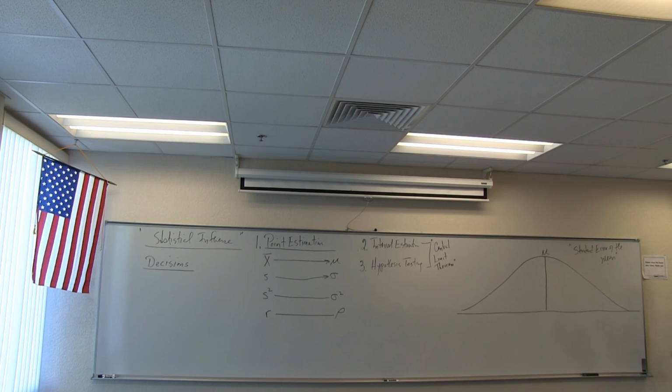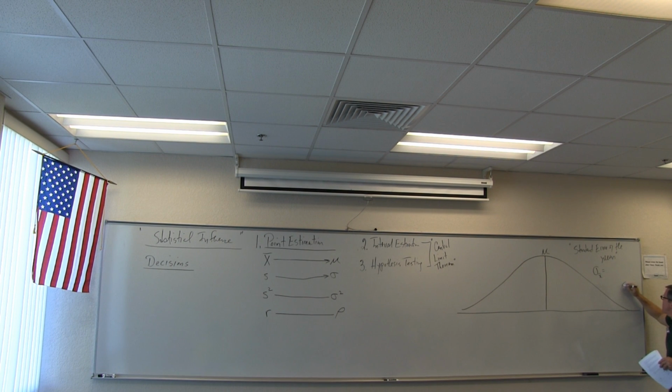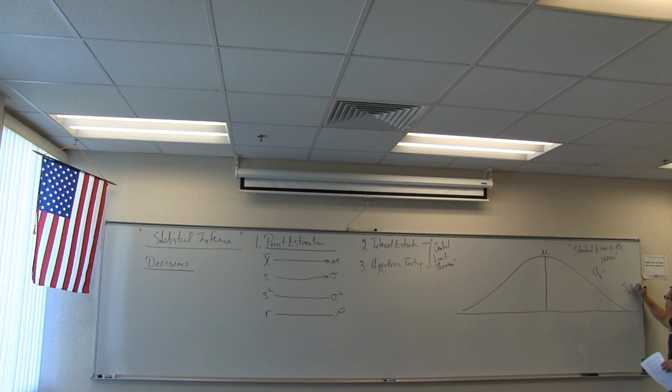The standard error of the mean is symbolized a couple of ways: sigma subscript x bar or s subscript x bar. Sigma subscript x bar is sigma over the square root of n. S subscript x bar is s over the square root of n.